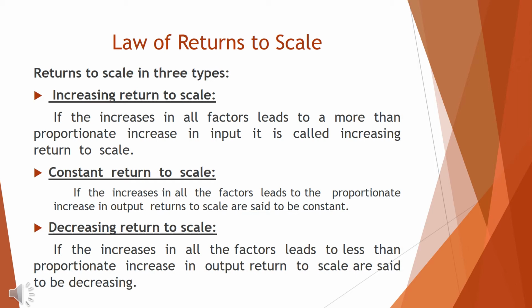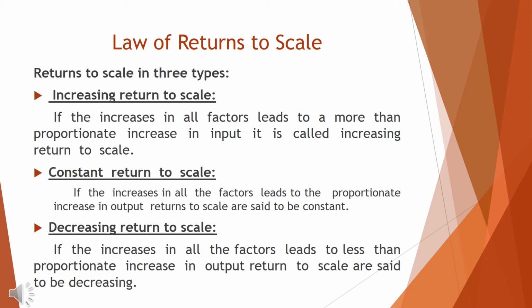In the first stage, if the increase in all the factors, that is scale, leads to a more than proportionate increase in output, returns to scale are said to be increasing returns.